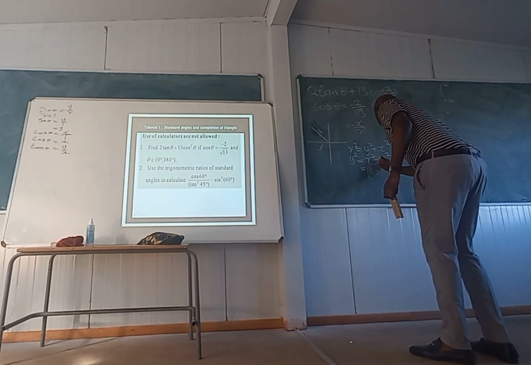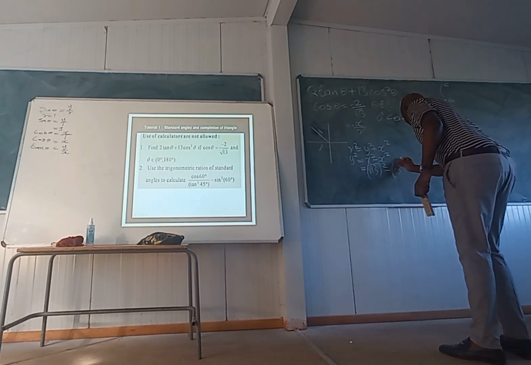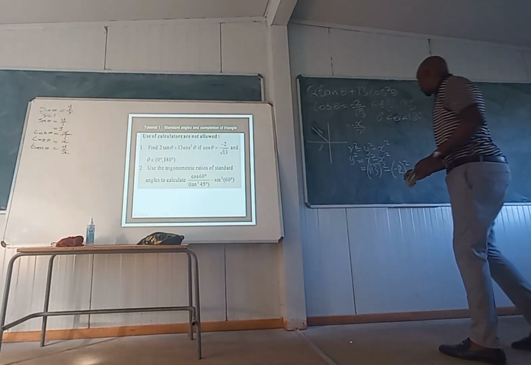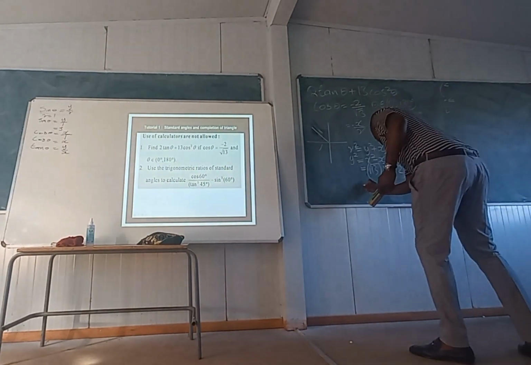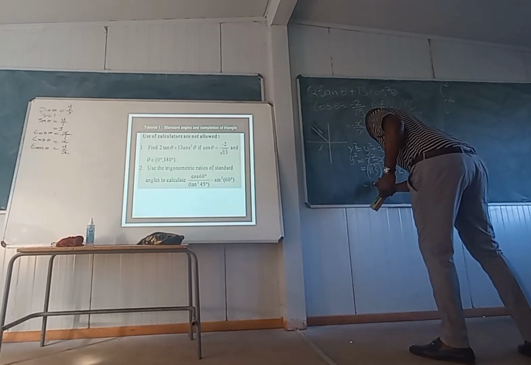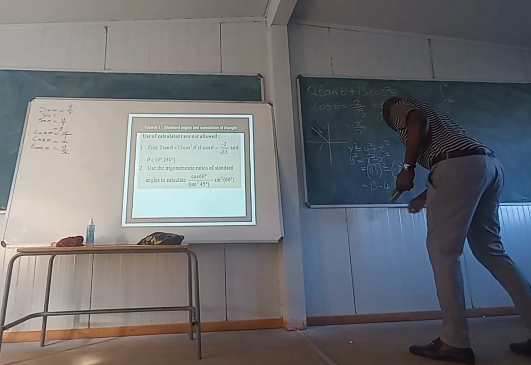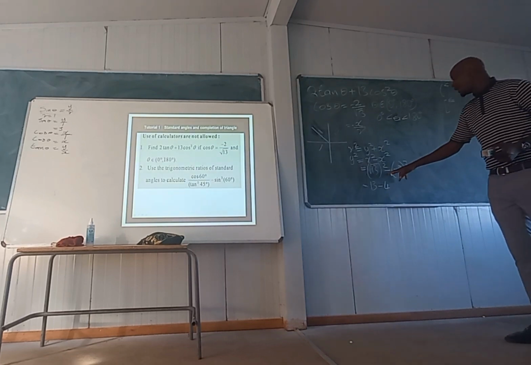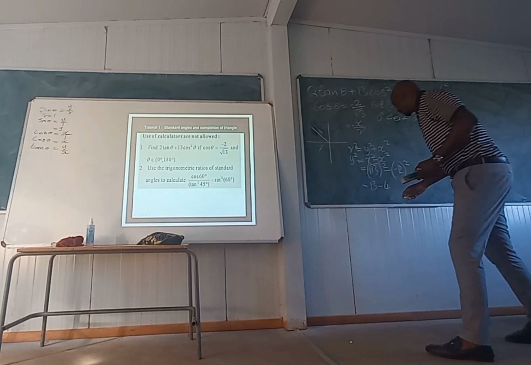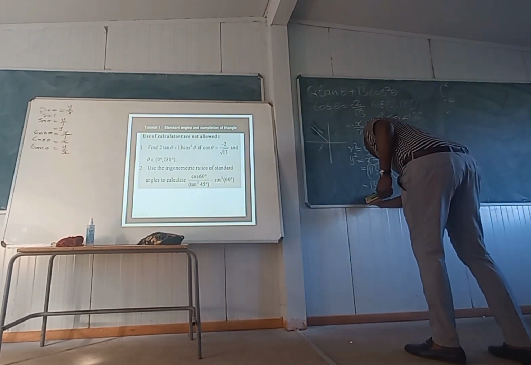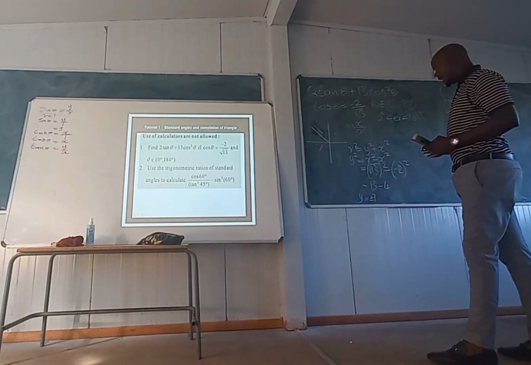Square root of 13 squared minus negative 2 squared. Don't forget to put it in brackets. Square root of 13 squared is 13, minus 4. Then what's 13 minus 4? 9.